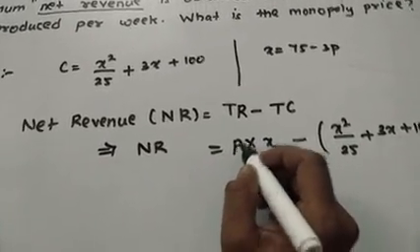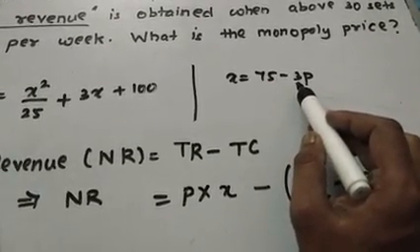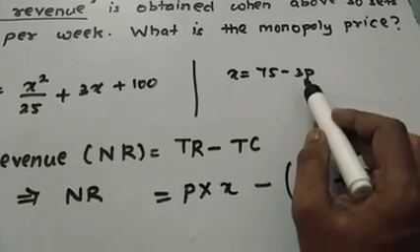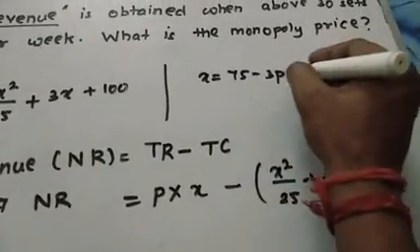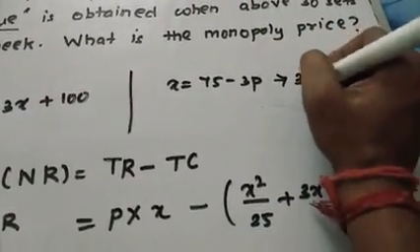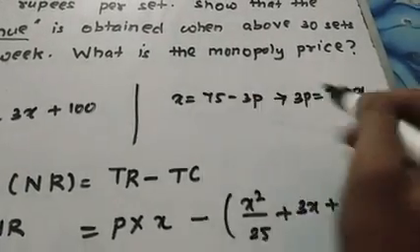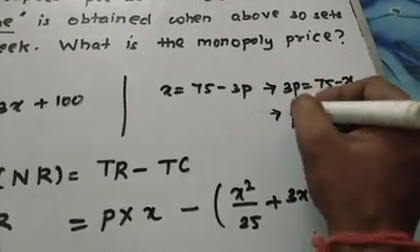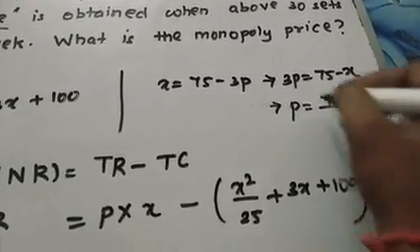So from where will we get it? From this expression, X equals to 75 minus 3P. From here we can find P in terms of X and put it here. Just side changing, 3P equals to 75 minus X. So finally P equals to (75 minus X) by 3.